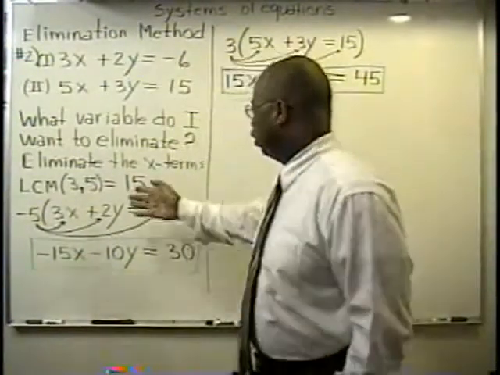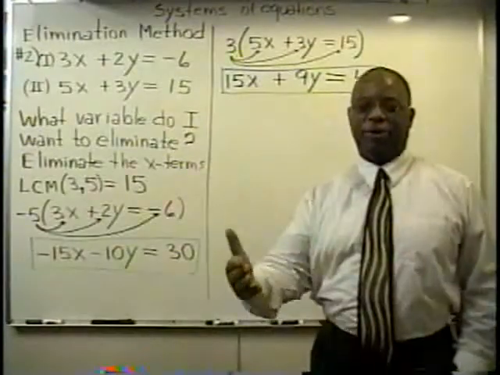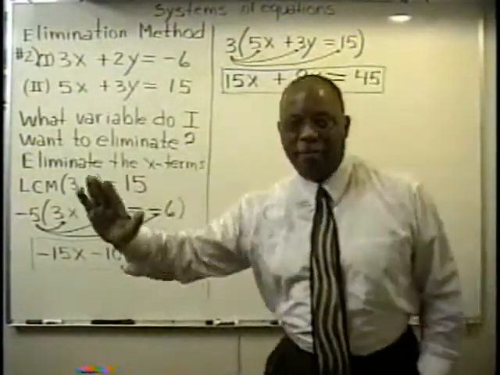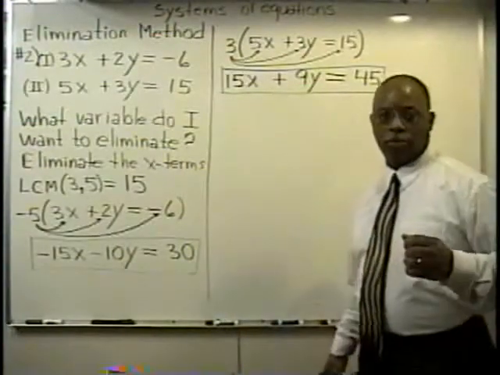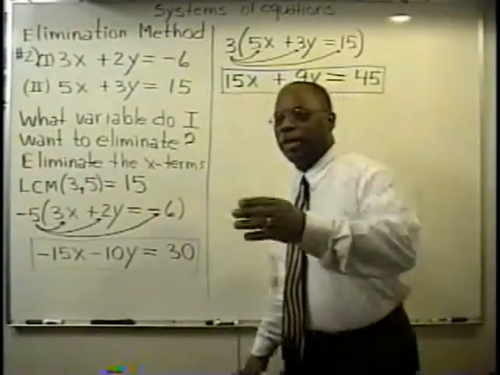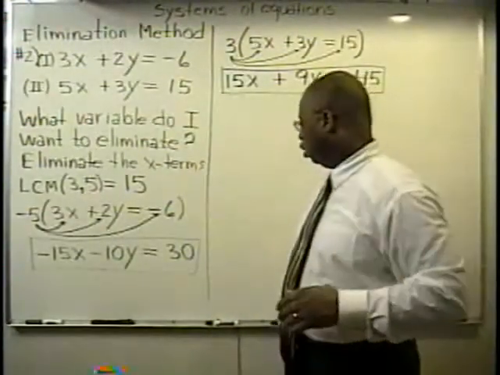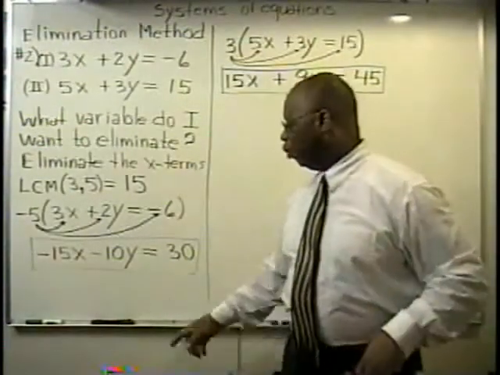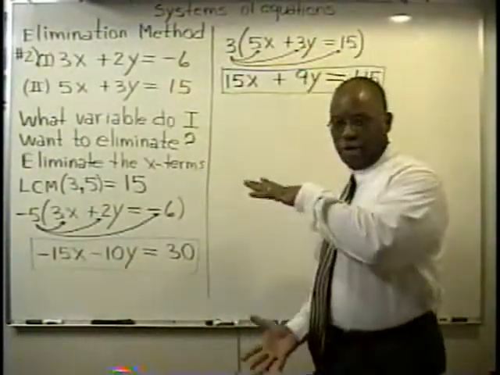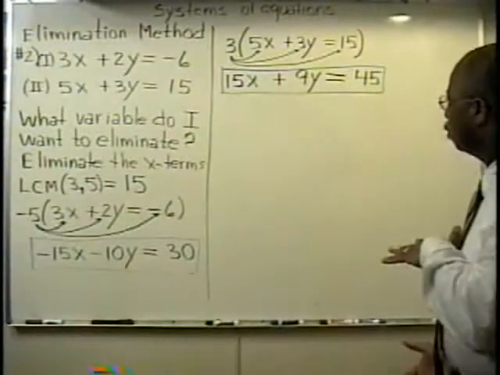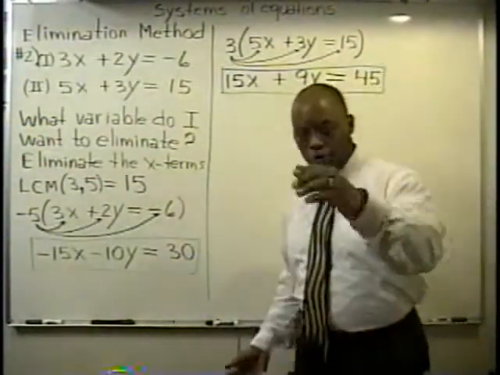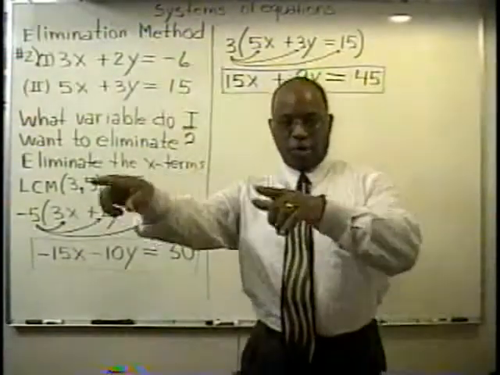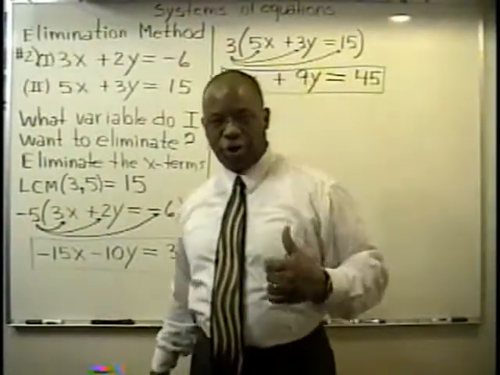We wanted to eliminate a variable. So how am I going to go about eliminating the variable? We're going to put these two equations together and combine them, is that correct? Very good.